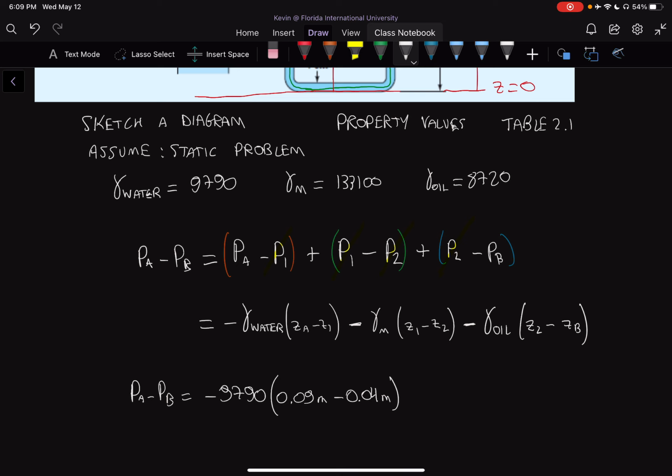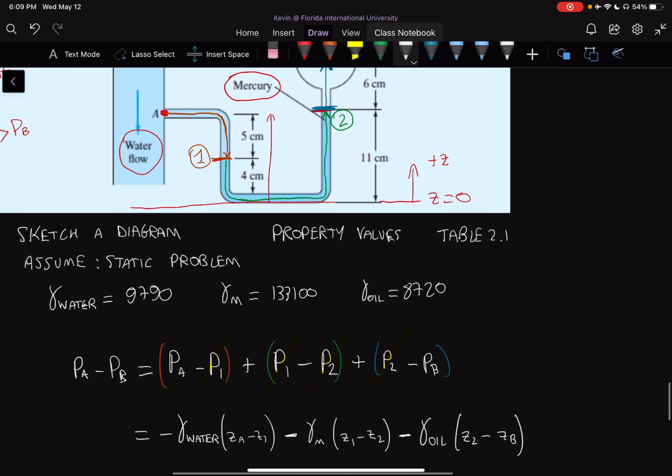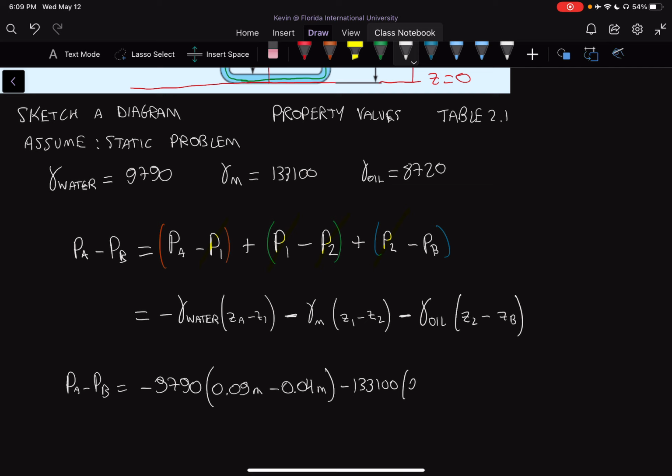And be careful with your signs. It's very important to keep the signs completely correct here. Then we have minus 133,100 multiplied by, so we know that point 1 is at 0.04. We already wrote it out earlier. 0.04 meters minus 0.11 meters.